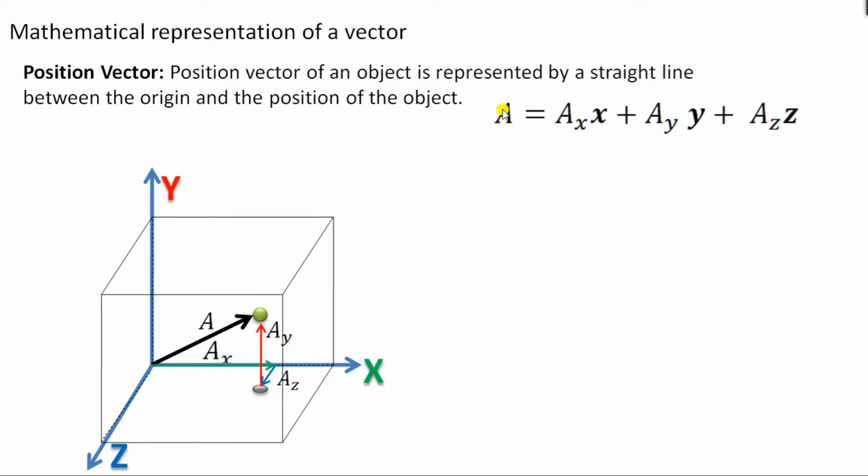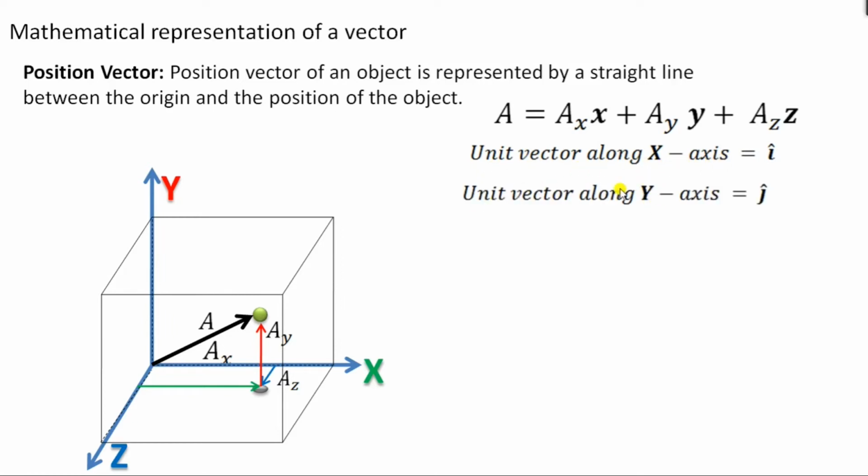So now to represent A, I can write ax in the direction of x plus ay y plus az z. Now we'll change this diagram a little bit. This is the direction towards x, this is the direction towards z, and this is the direction towards y. Now I'll represent the direction towards the x axis by i cap. i cap is the unit vector along the x axis.